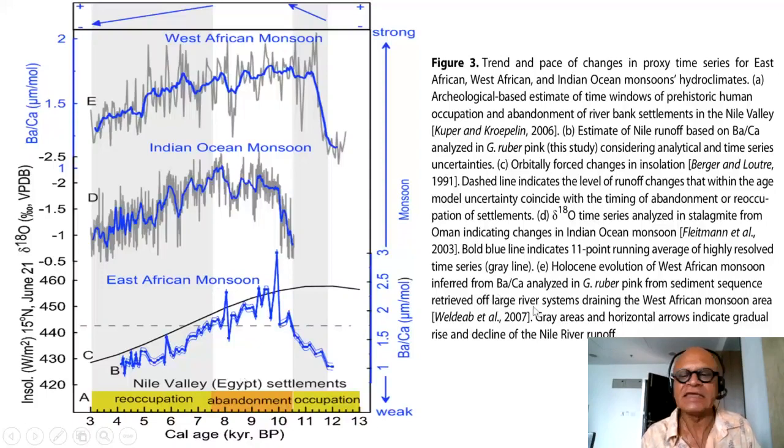Okay, finally the Holocene evolution of West African monsoon inferred from barium calcium analyzed in Globigerina ruber pink from sediment sequence retrieved off larger river systems draining the West African monsoon area. Okay, gray areas and horizontal arrows indicate gradual rise and decline of the Nile River runoff.